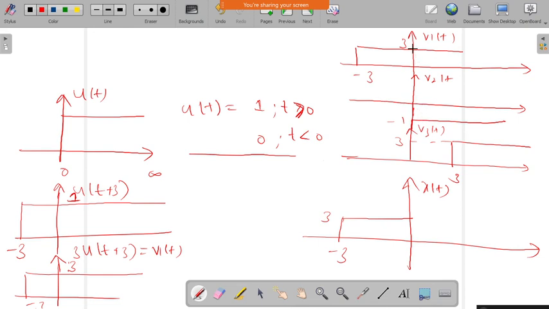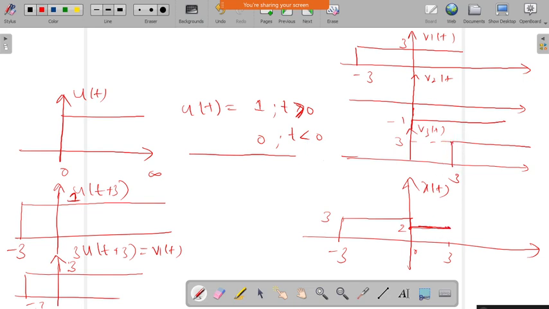Now you can see at 0, this will be minus 1 and this will be 0 and this will be plus 3. So plus 3 and minus 1, we are going to get plus 2. Okay, so at 0 it will give plus 2, and it stays that way till the value of 3. Till 3 it is 3 minus 1, so the amplitude value is 2.